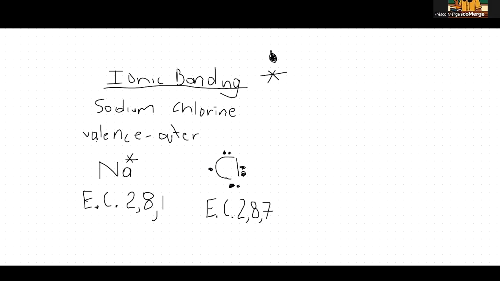Remember, as it relates to the shell being filled, how many electrons does it need to have a full shell? How many does chlorine need to have a full outer shell?